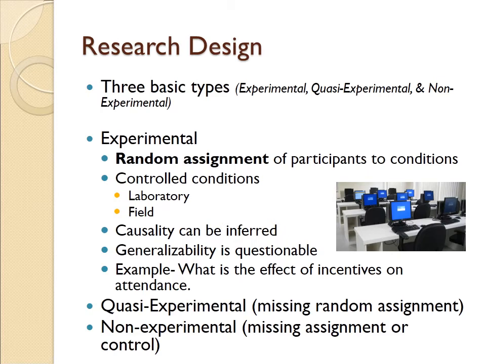And this has been tested over and over and over again, which means that when you use random assignment, you can be pretty confident that anything that you measured between those two groups would be very similar unless it's differing because of something that you're going to do to those groups of people, some condition or some treatment or implementation. So when we have an experimental method, causality can be inferred.